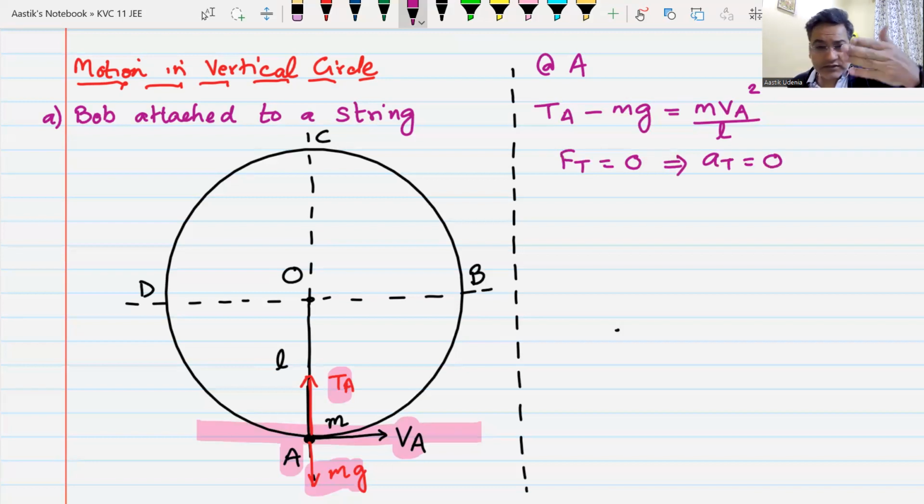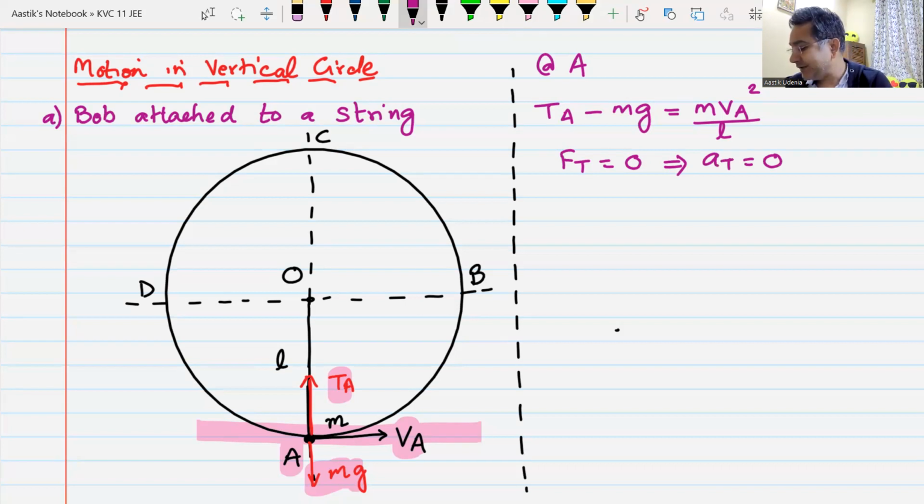The third equation is in a plane which is perpendicular to it, in a vertical plane. Do you see any force acting in this direction? No, so I don't have to write that equation. I will let go of that equation.